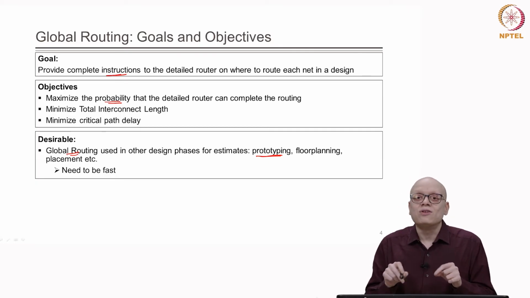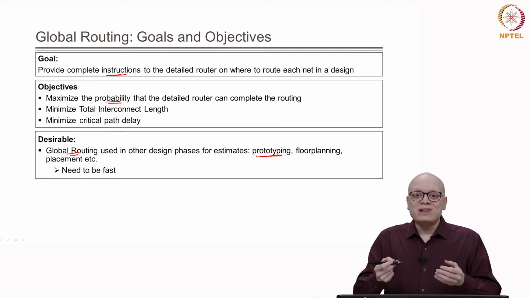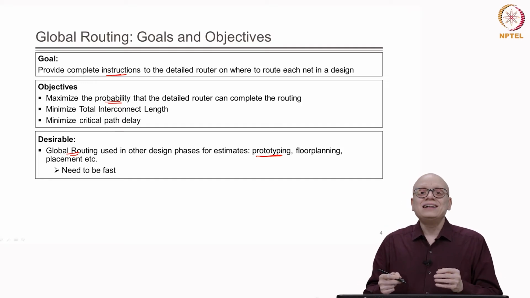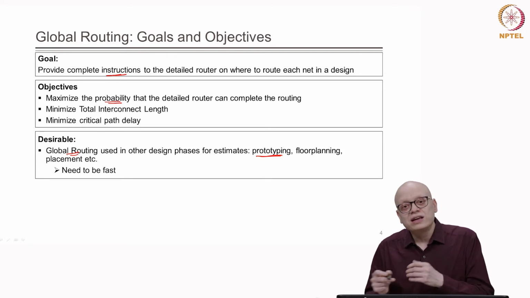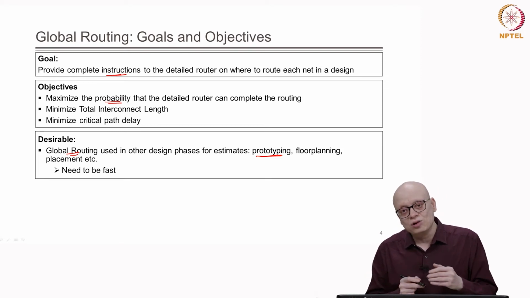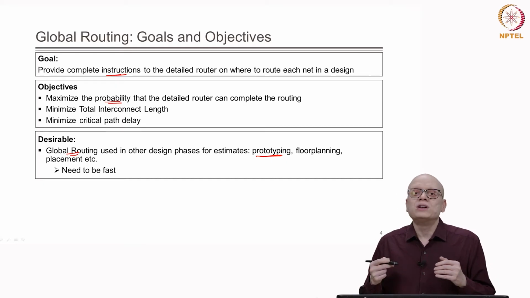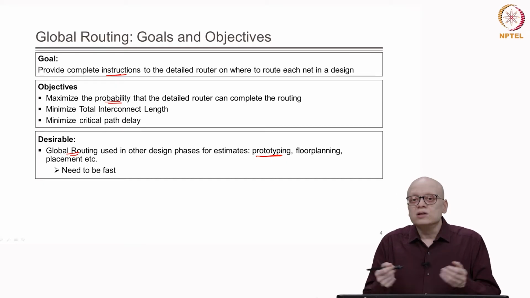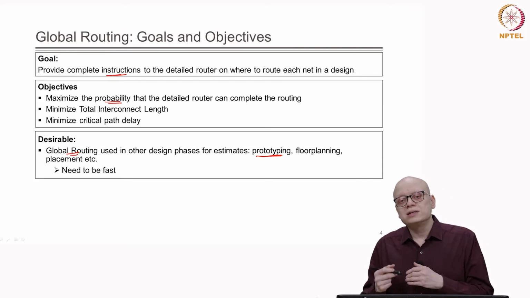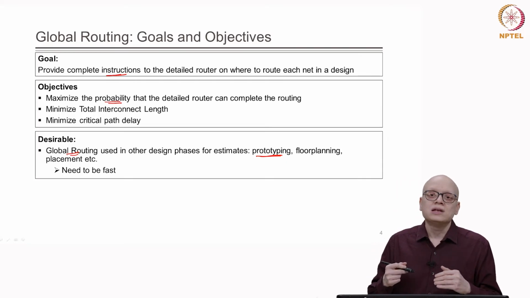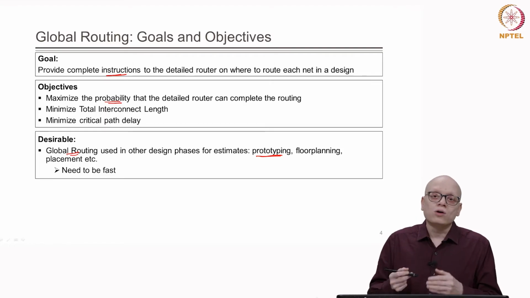It should be a few orders of magnitude faster than the detailed router. If it is fast, then we can use it in early design stages for getting rough information about how the interconnect will look, and based on that we can do some timing analysis or congestion analysis or take decisions which will improve the QoR of our design.